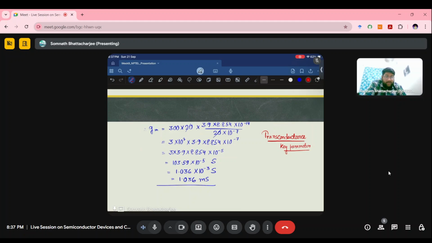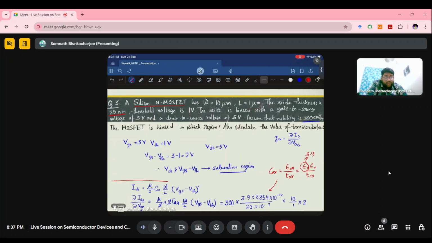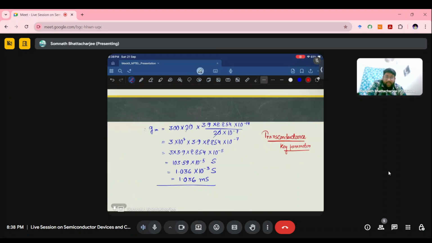But transconductance is a very key parameter, and there is also something called the process transconductance, which just considers the Cox, that is the capacitance density multiplied with the mobility. So this VGS minus VTH term, we tend to omit. In that case we get the process transconductance, and this is the basic transconductance for a device performing like this.